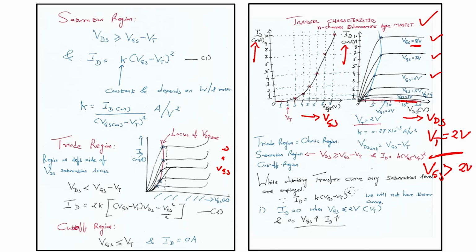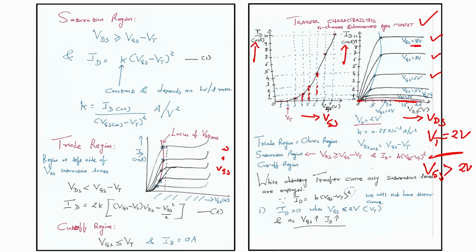Where is 0? 0 is connected here. If you see VGS equals 4 volts, 4 volts is here. Where is 5 volts? 5 volts is here. Where is 6 volts? 6 volts is here.